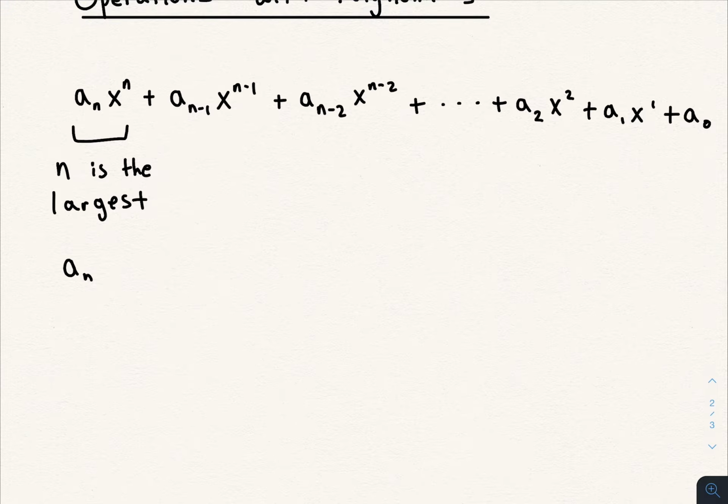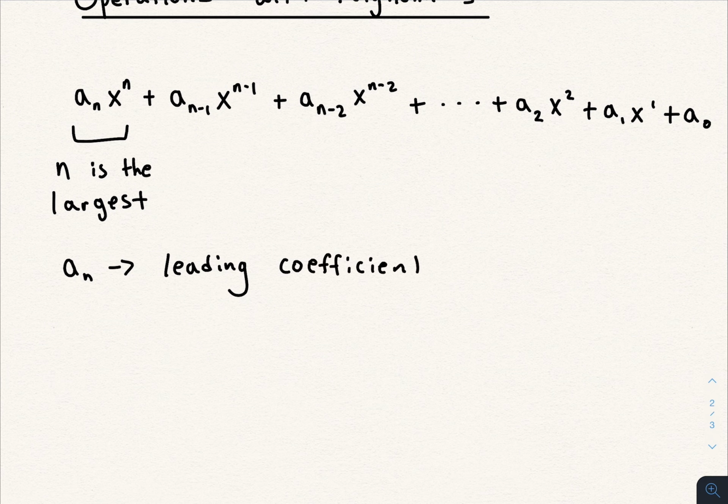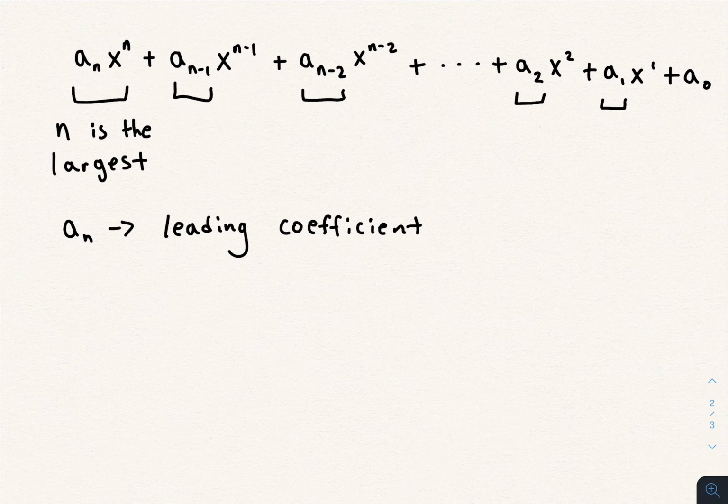The a_n in front of this term is referred to as the leading coefficient. Any number multiplied in front of the variables is referred to as a coefficient, but this one with the highest power would be referred to as the leading coefficient. And this shouldn't be equal to 0.